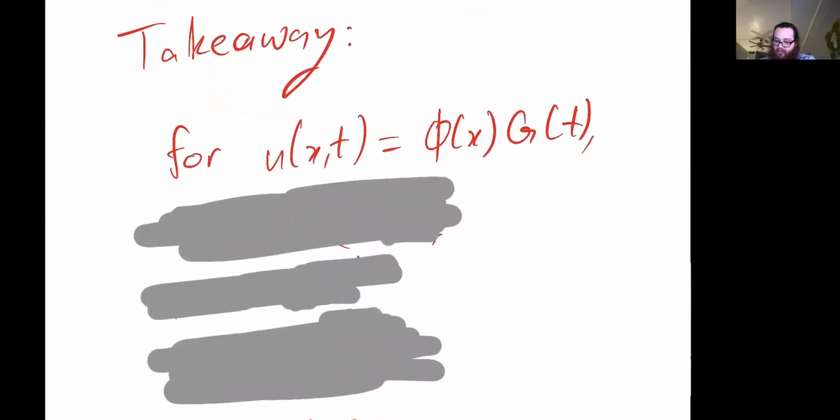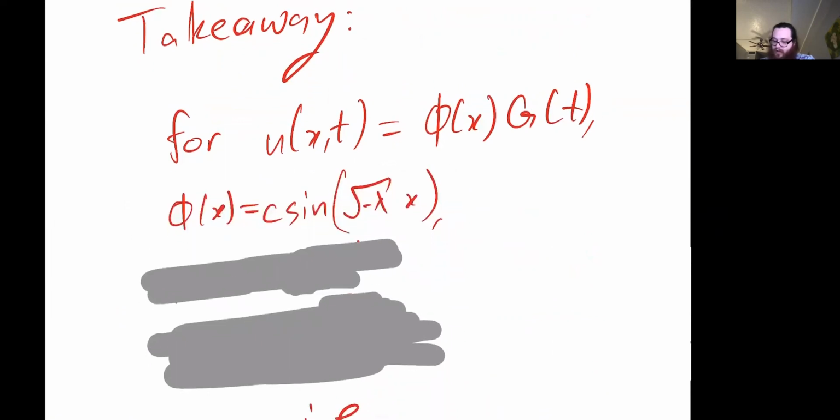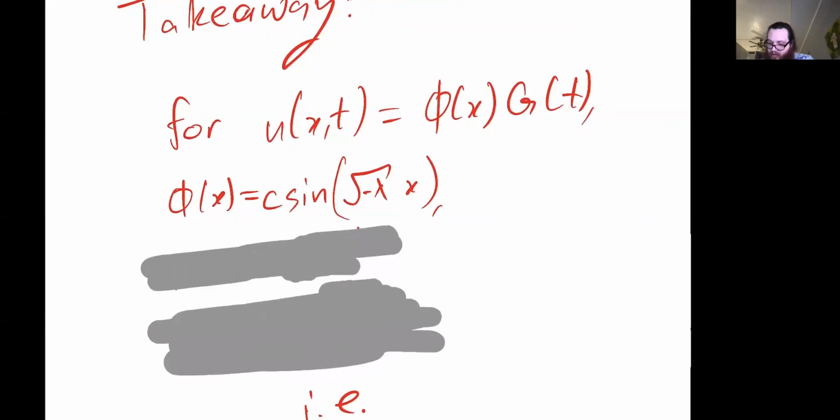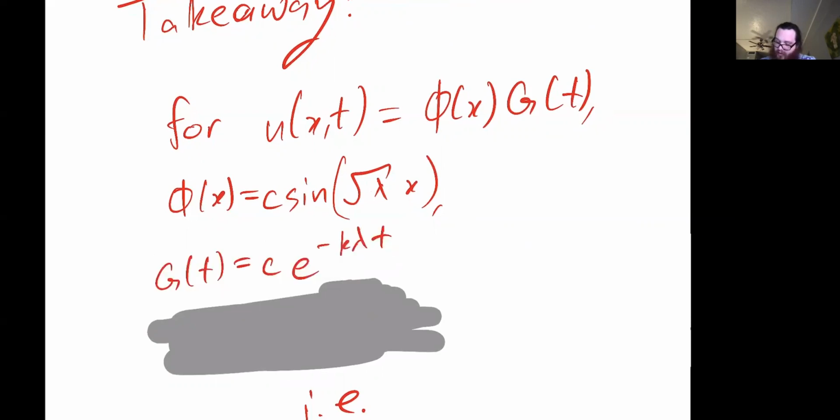So the takeaway is, if we want a product solution, what is a spatial component? It's going to be sine of root lambda, with lambda positive.